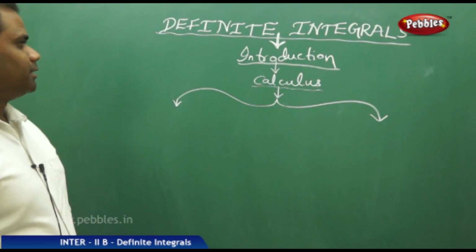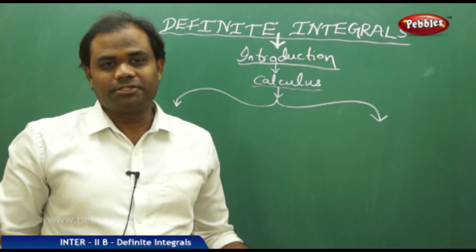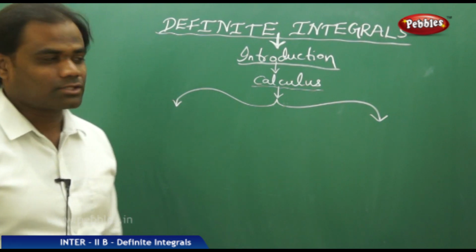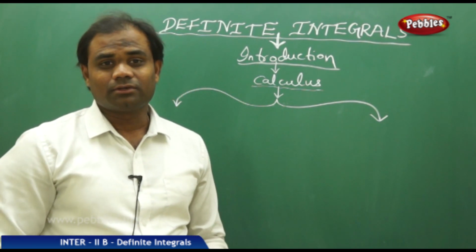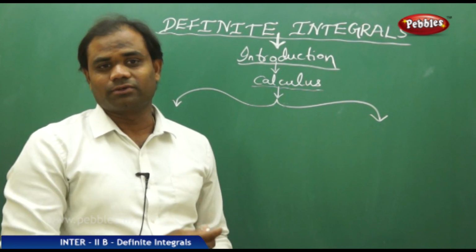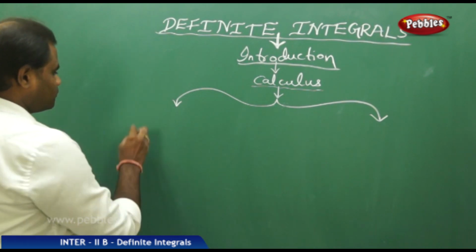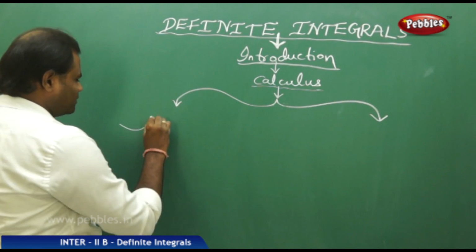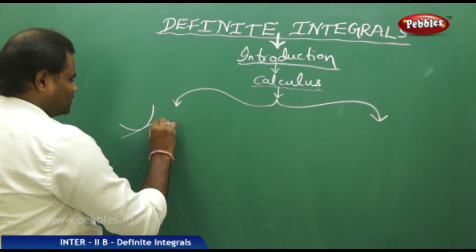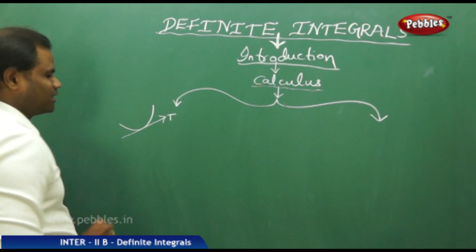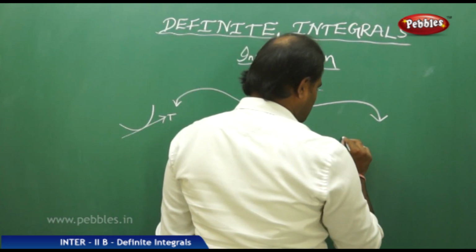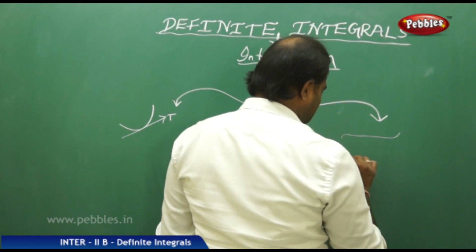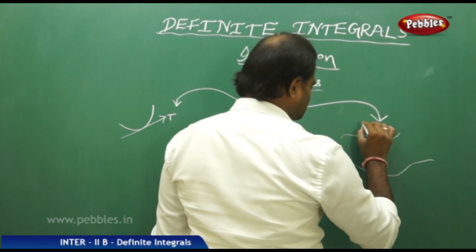So basically differentiation or integration originated from two major complex issues which the mathematicians were striving to resolve. One was finding the equation of tangent for a curve, and the other was finding the area between the curves.